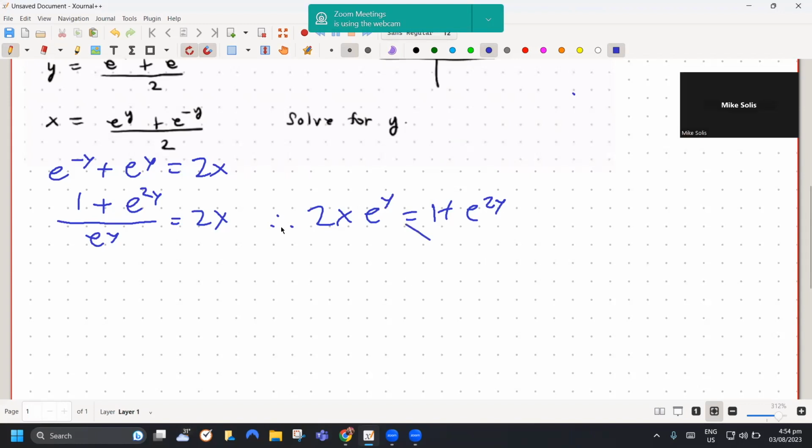Okay. And then set up a quadratic equation for e to the 2y, or set up the quadratic equation for e to the y. Okay. So, from there, ano yung e to the y?